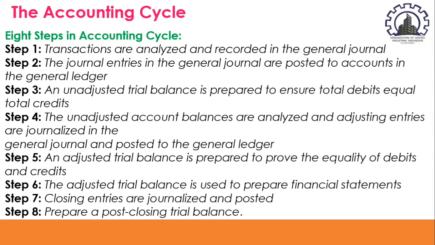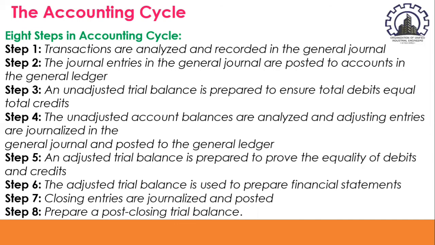Take note that the general journal is considered to be the book of original entry, because that is where the first entry is recorded. And the general ledger is the final book, because that is where the entries from your general journal are being posted. And step number 3, an unadjusted trial balance is prepared to ensure total debits equal total credits.